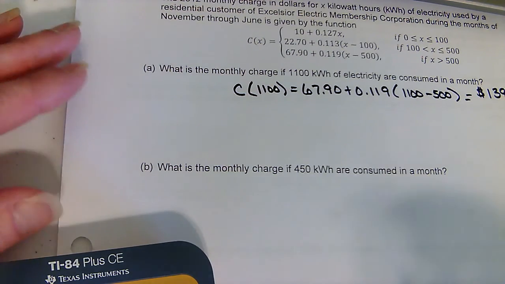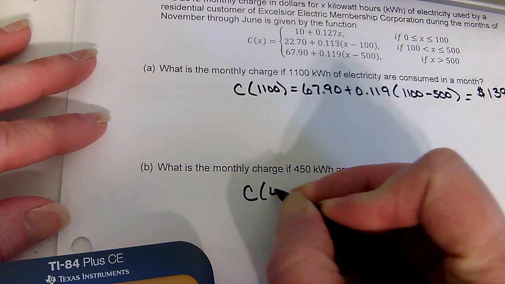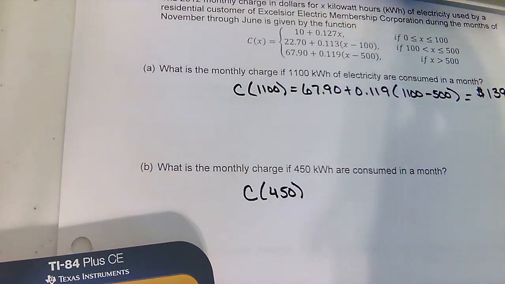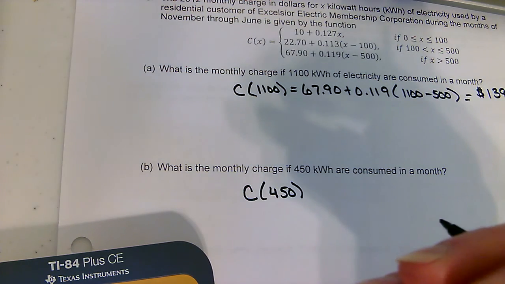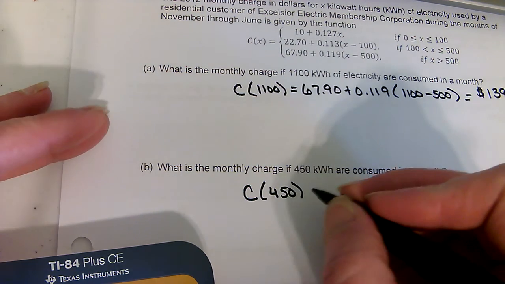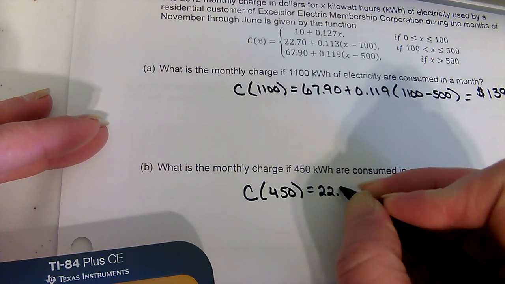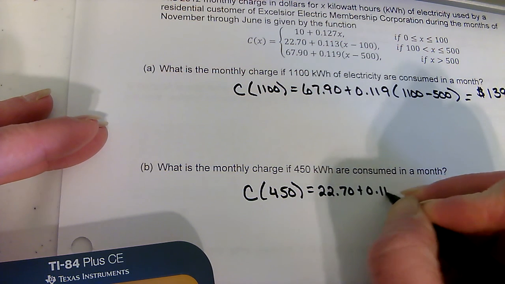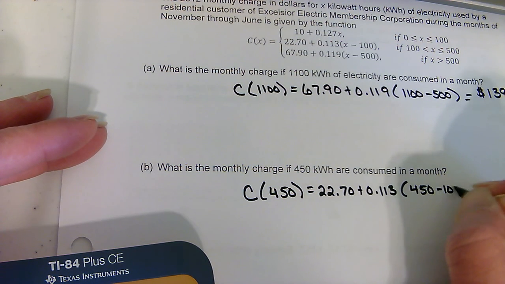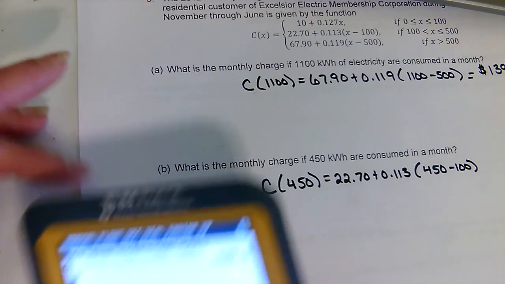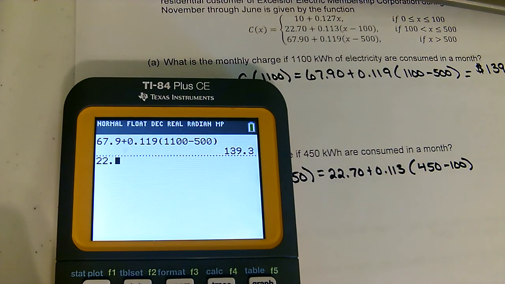What about if we used 450? So which rule would we follow to charge a customer if they used 450? Well, we'd use the middle one. So we would type in 22.70 plus 0.113, and then 450 minus 100.